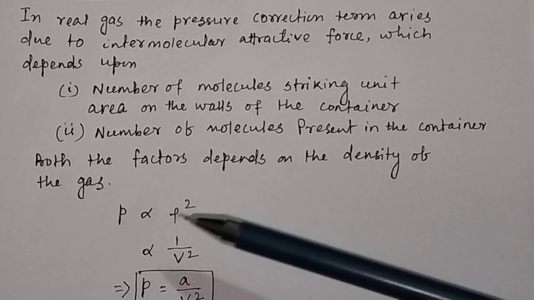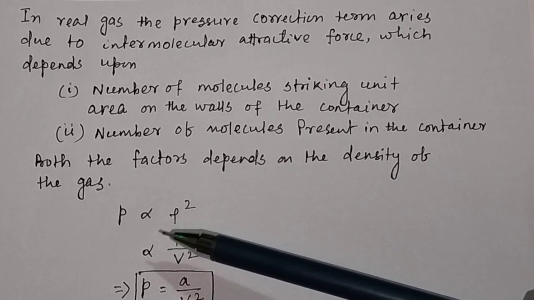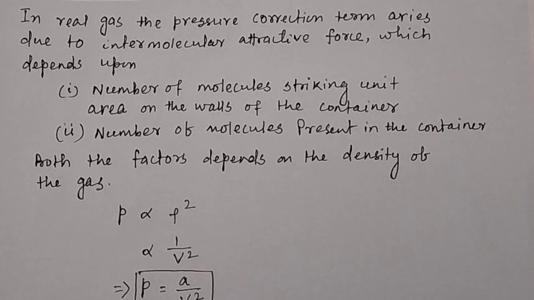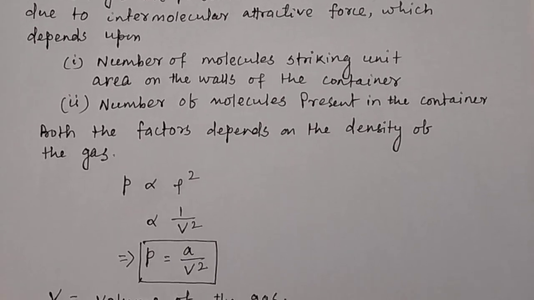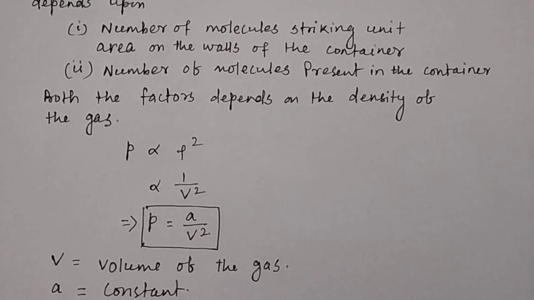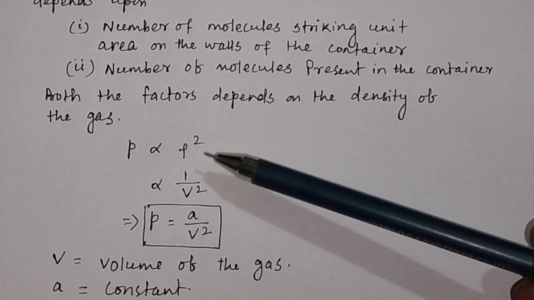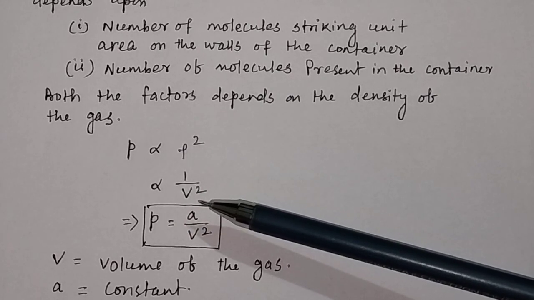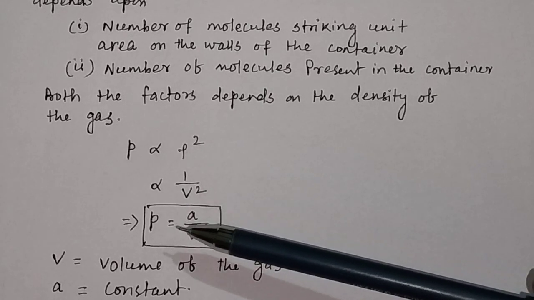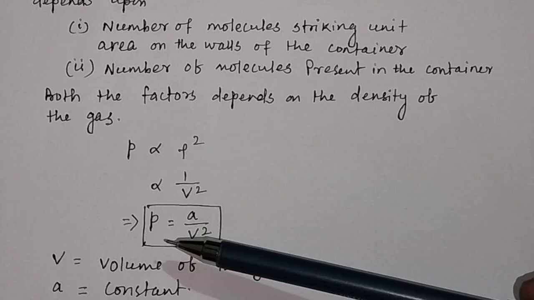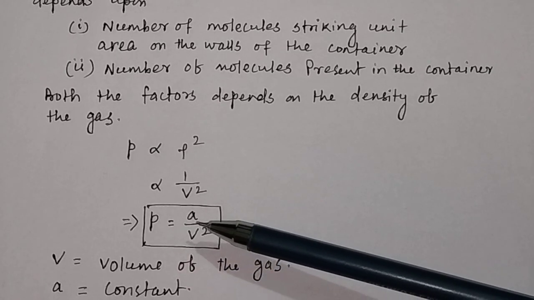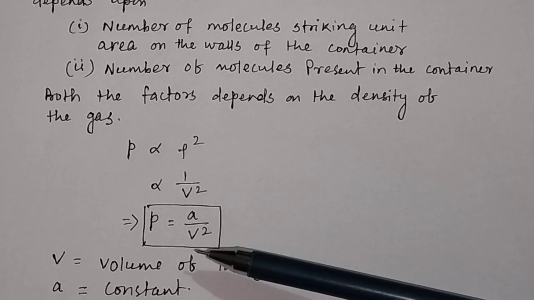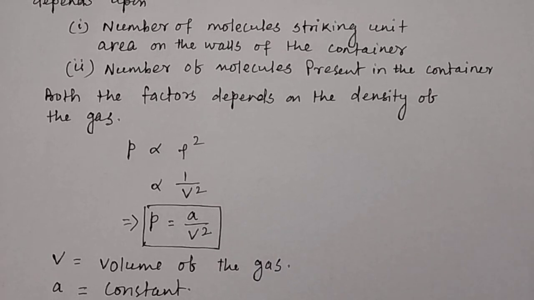That is why the pressure correction term small p is proportional to the square of the density, and we know density is given by mass per unit volume. That is why the pressure correction term p is proportional to 1 by volume squared. So the pressure correction term p will be equal to a constant a divided by V squared, where V is the volume of the gas.